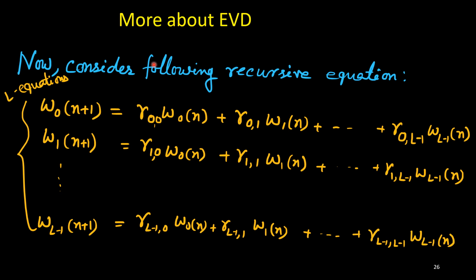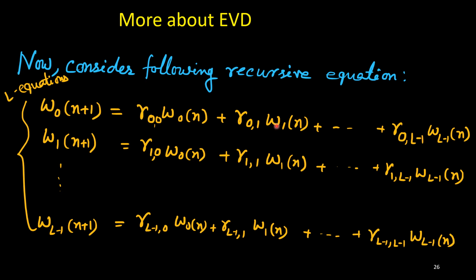Now if we want to find whether W0n or W1n or WL minus 1 n are converging to a certain level or not, that is not easy to find, because you can't concentrate on a single equation. From this first equation, I can't say that W0n will converge, because it is depending on other variables.